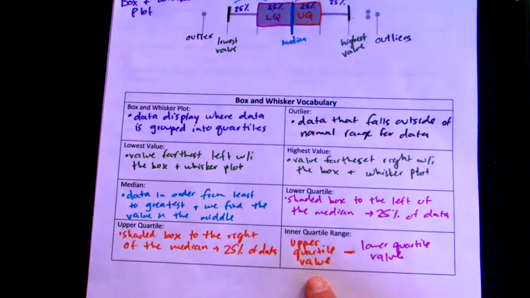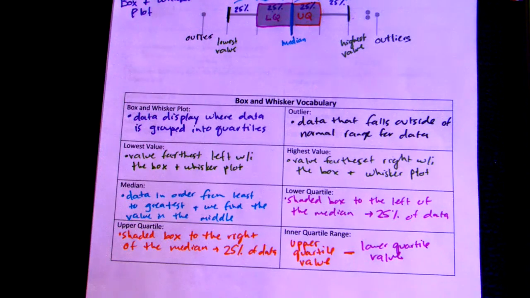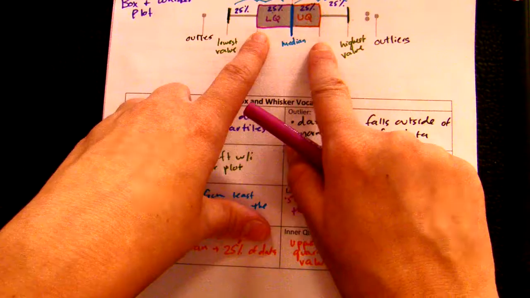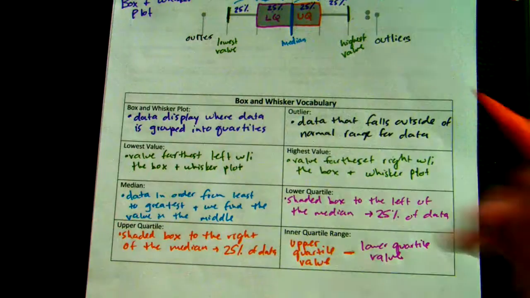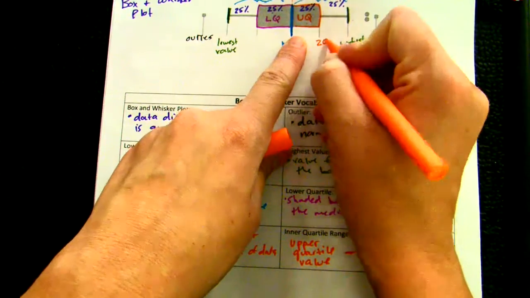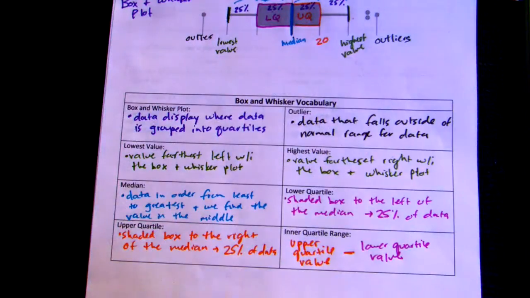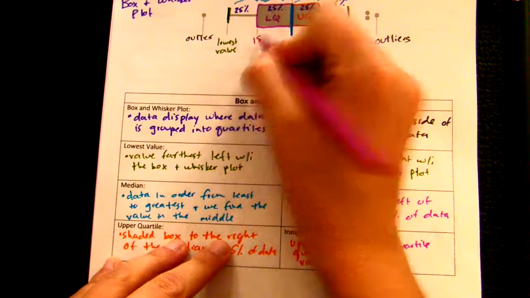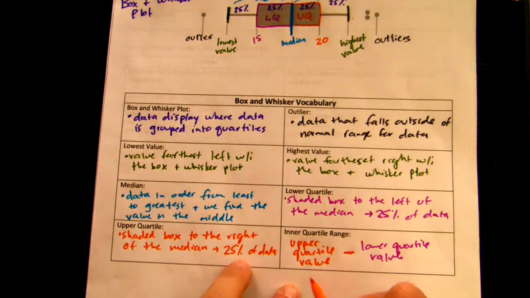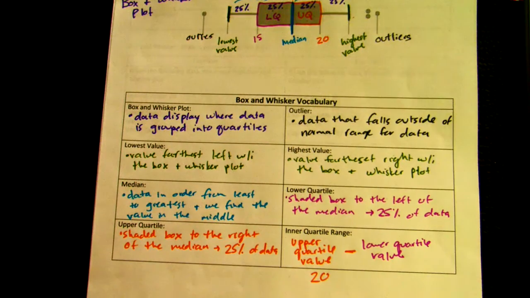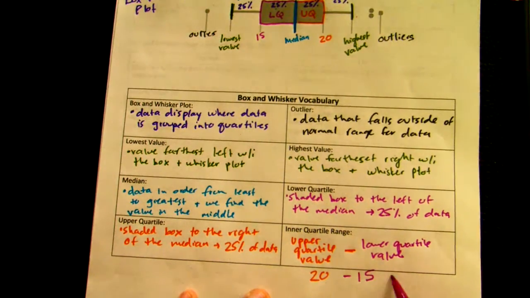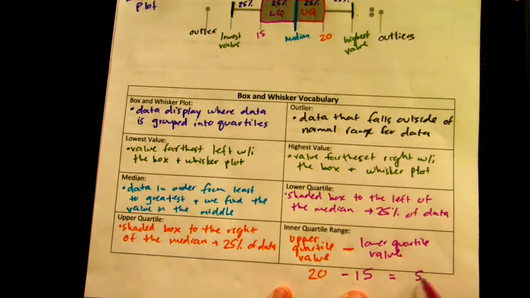We don't have values on these ones, but say that this one was 20 and this one was 15. Our upper quartile value is 20, our lower quartile value is 15, so my interquartile range would be 5.